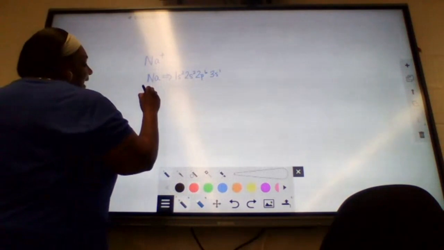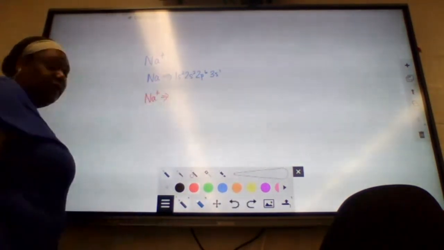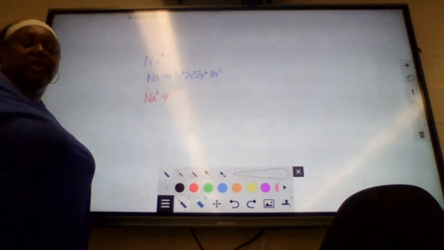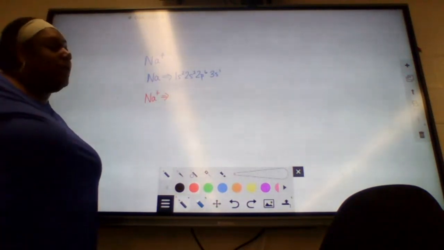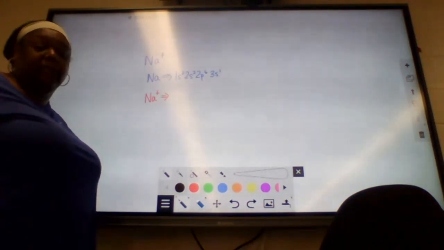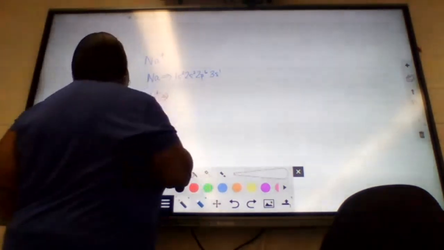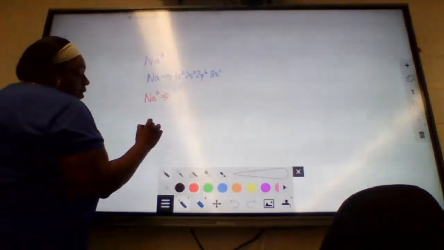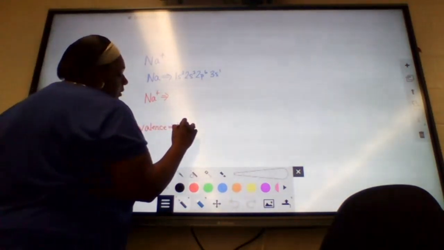So because this is a cation, that means I had to lose an electron. So the question is, when I lose electrons, where do I have to lose them from? And the correct response is you have to lose them from the valence. So how do you determine what the valence is? Please remember that your valence shell on your atom is going to be the highest energy level.